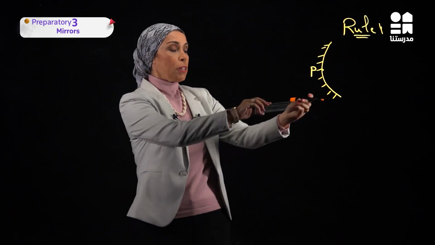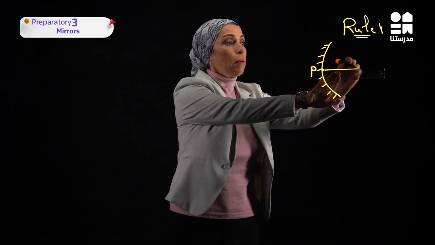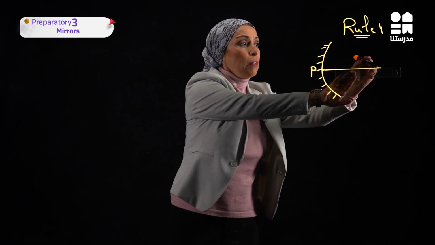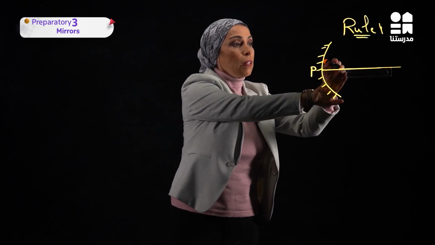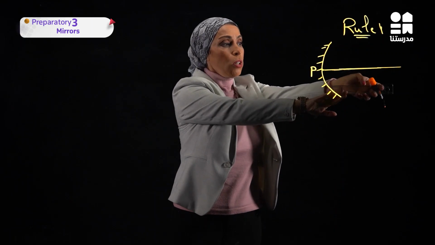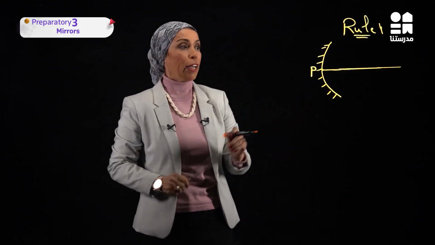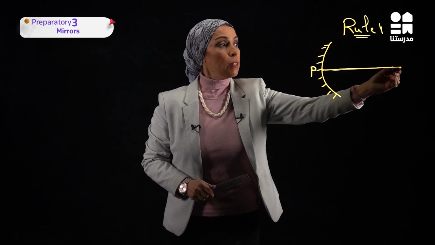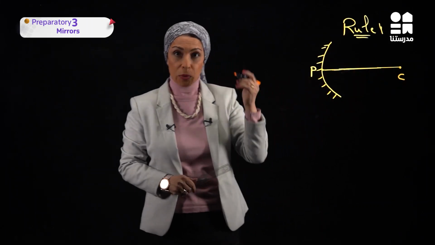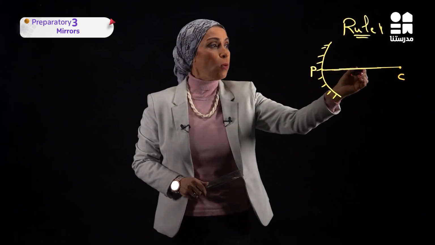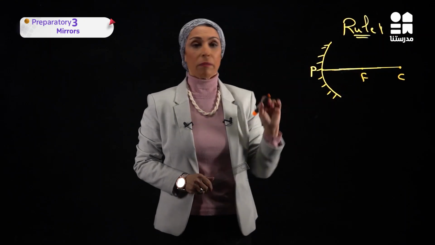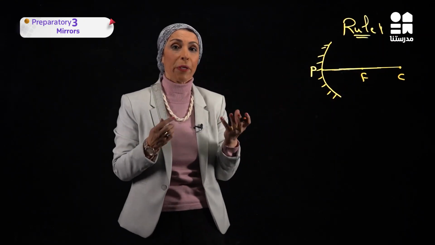And then start to make the principal axis line as it is. This is our principal axis. Okay. And then put the center of curvature that we discussed before, and in the middle we have the focus. This is our mirror. This is the preparation of the mirror.